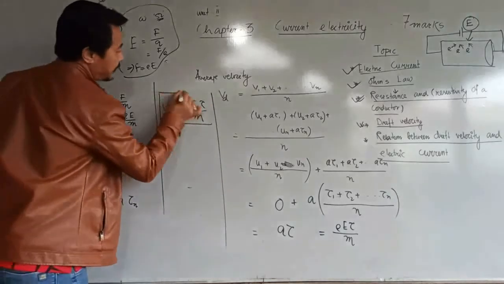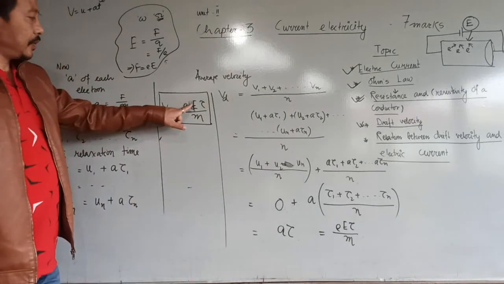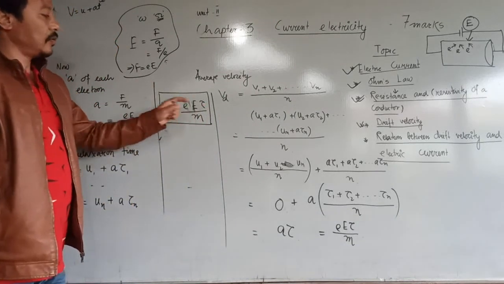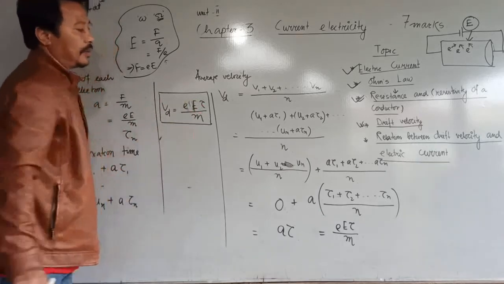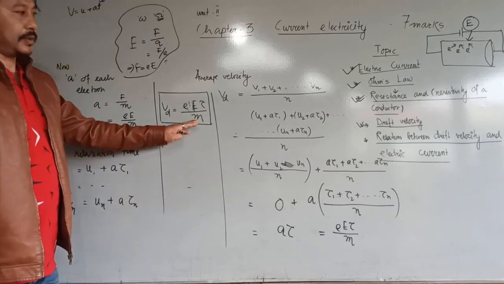This is the relation of drift velocity, where e is the charge of the electron, E is the electric field applied, tau is the average relaxation time, and m is the mass of the electron.